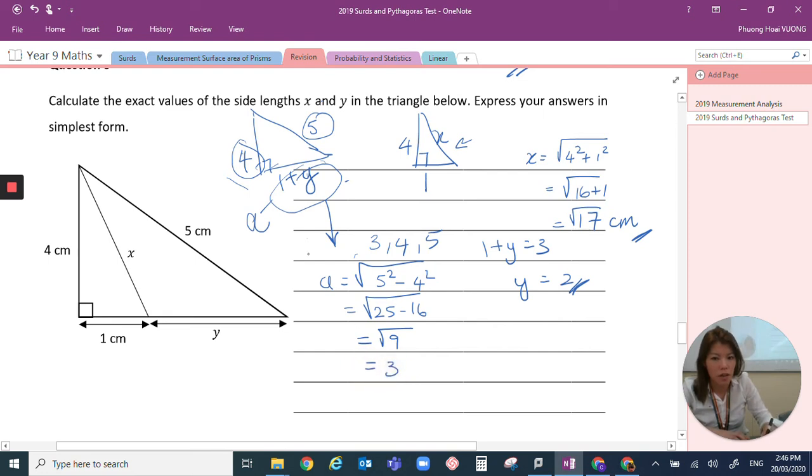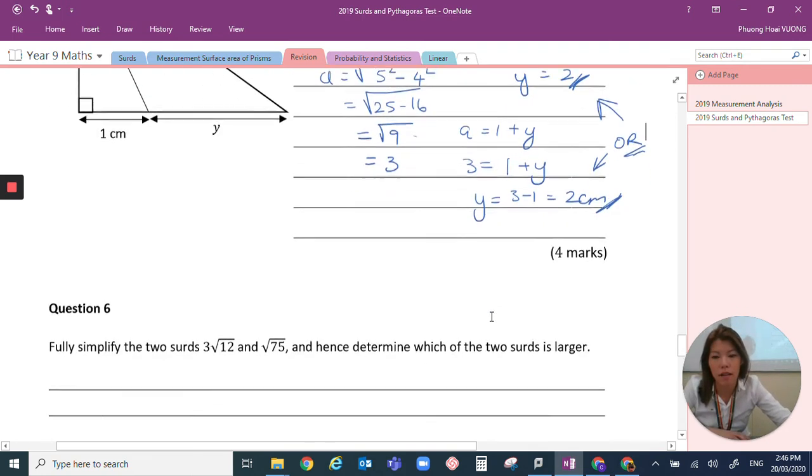So once we figure out that a is equal to 3 and we let a equal to 1 plus y previously, so we have 3 is equal to 1 plus y, so y is equal to 3 minus 1 equals 2. Now if you do it this way or this way, it's perfectly fine. You will still get marks.